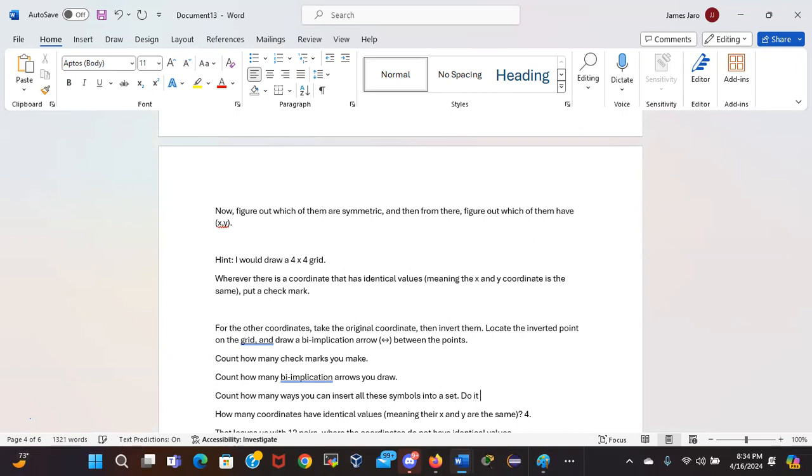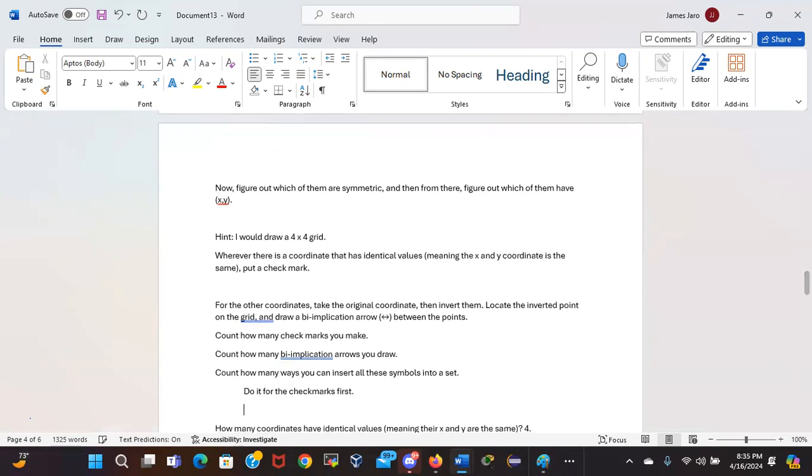Do it for the check marks first, so that's pretty easy. Then do it for the biimplication symbols. Makes sense?